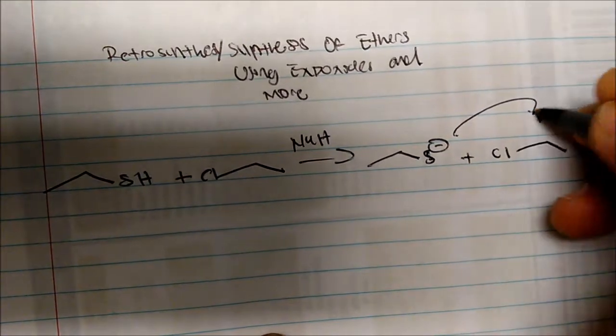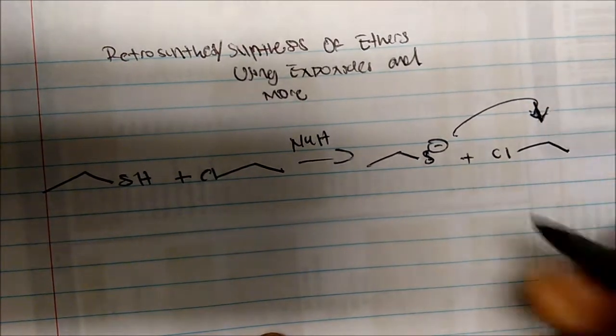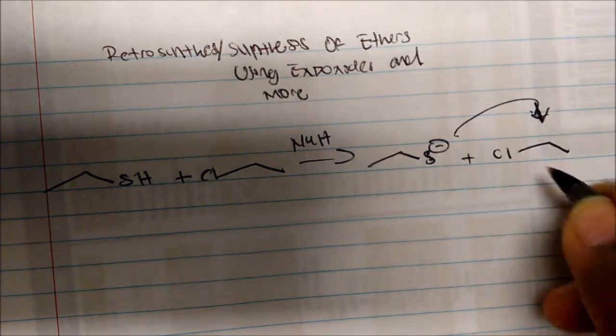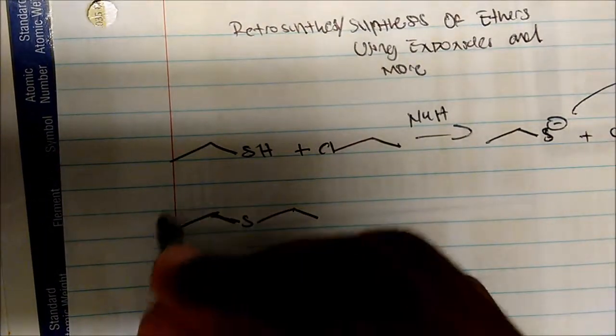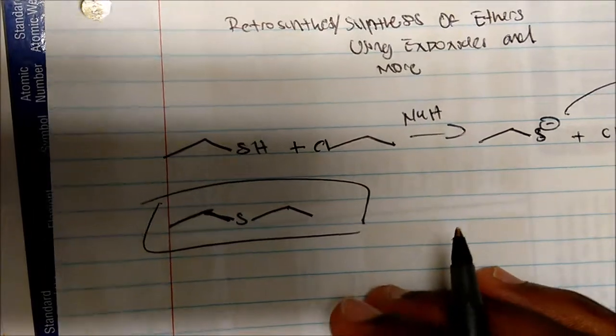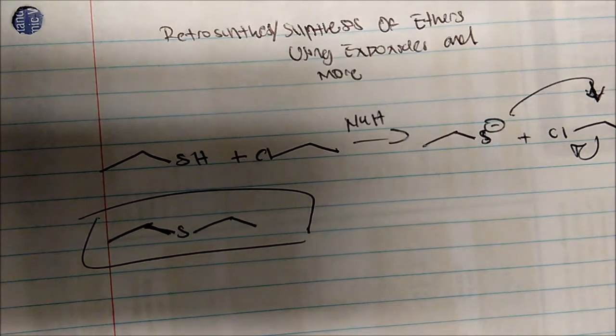Again, sulfur, just like oxygen, is a good nucleophile, attacks the carbon containing the leaving group and expels the leaving group. And this is what we form. So again, typical Williamson ether-like synthesis with oxygen's cousins.